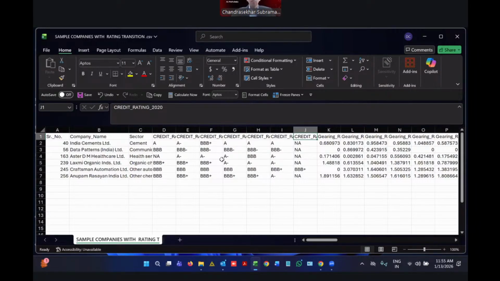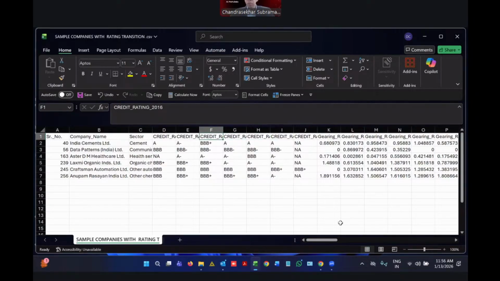So for the time being, what we are trying to do with this model is predict the 2020 ratings, which are already known to us. Some of them are not known, so probably we are predicting these 2019 ratings based on these 3 years, 18, 17 and then 16.